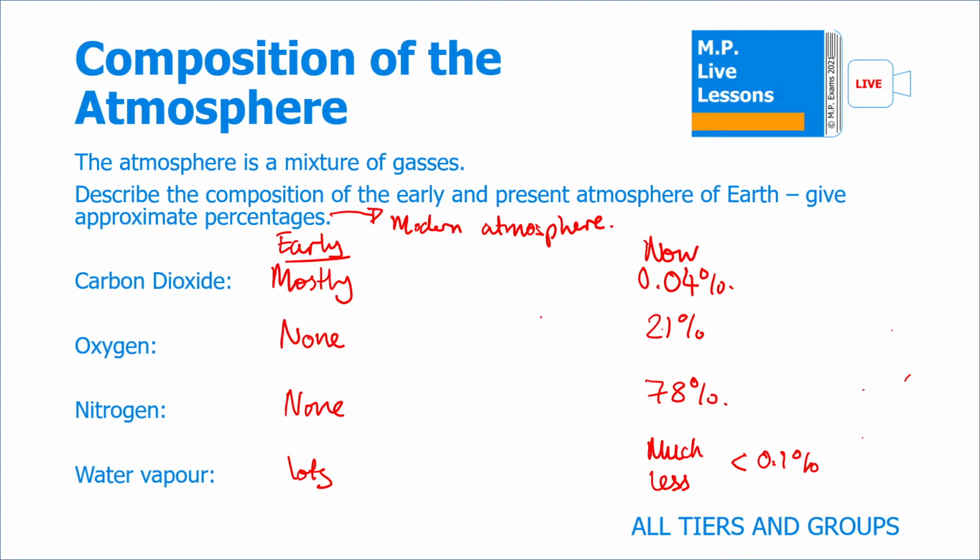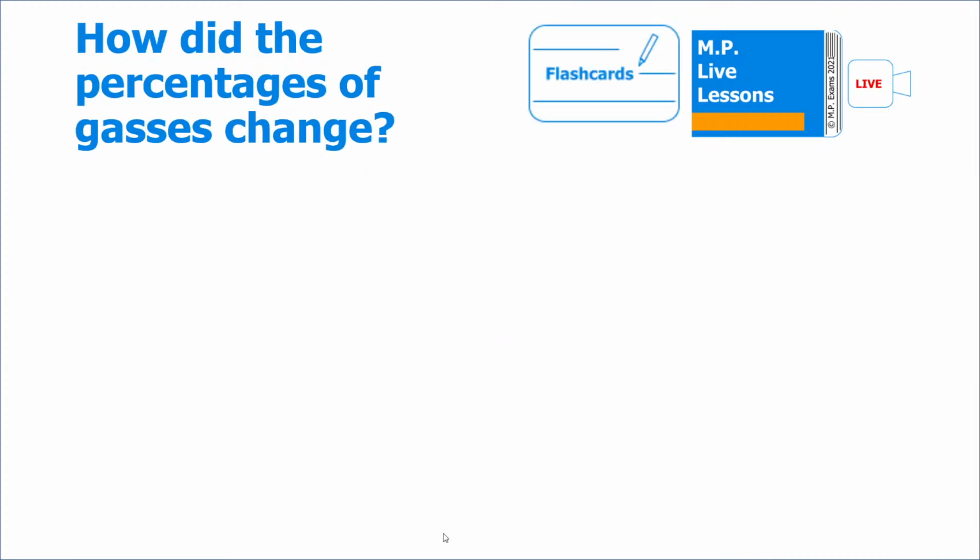Now, how did all these percentages of gases change over time, from millions of years ago to now? This is often quite a high mark question if it asks you how it changed altogether.